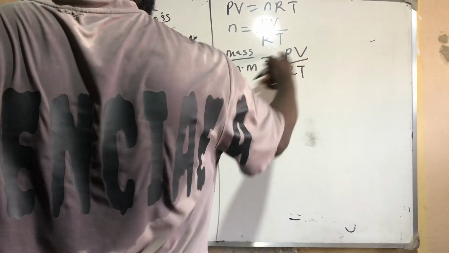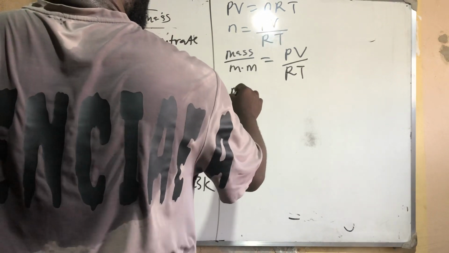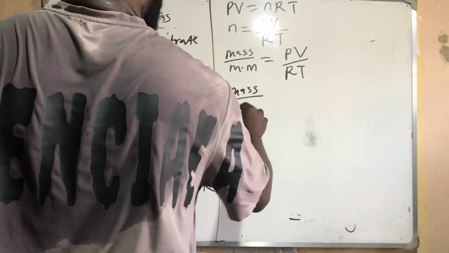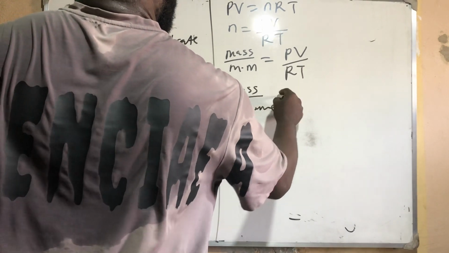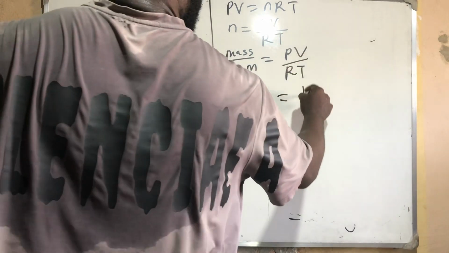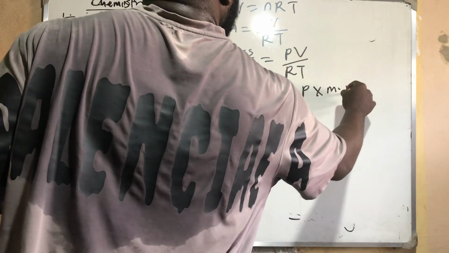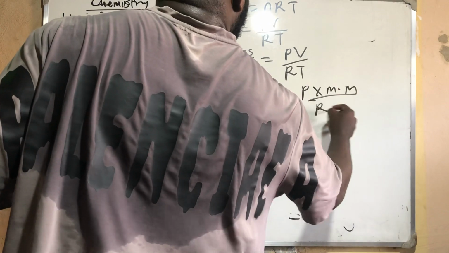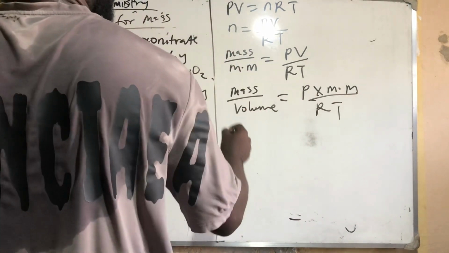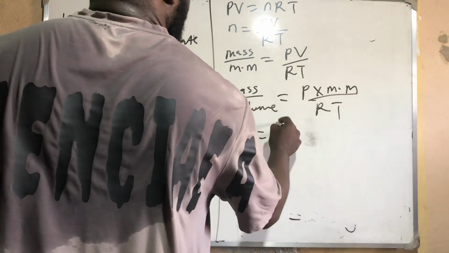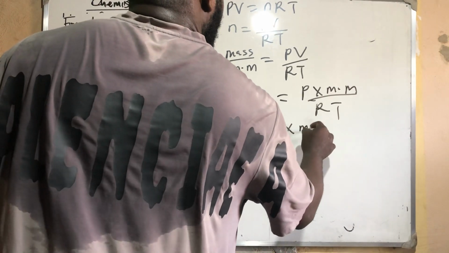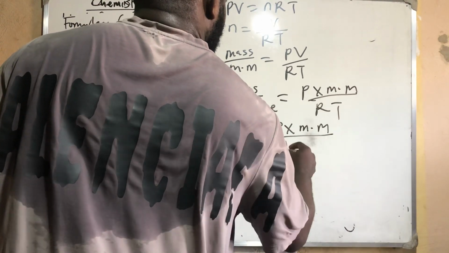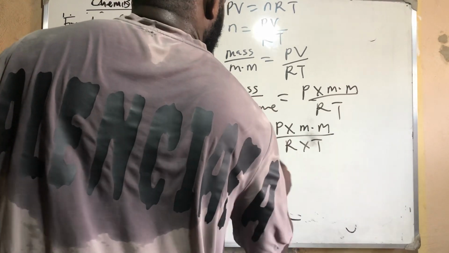I know that if volume can come here, it will turn to density. So mass over volume is equal to pressure times molar mass all over RT. Mass over volume is density, so density is equal to pressure times molar mass all over R times T.